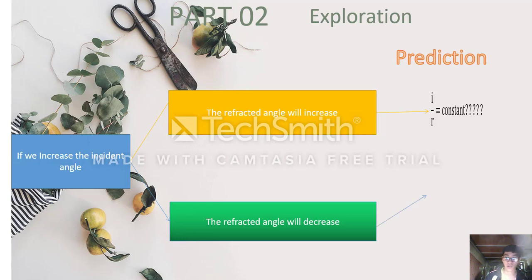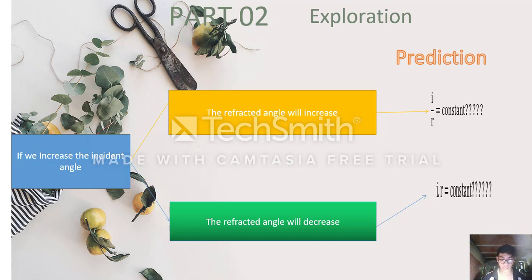Yes, and also for the first case we can get the prediction that the product of I and R may be a constant. It represents the mathematical relation.